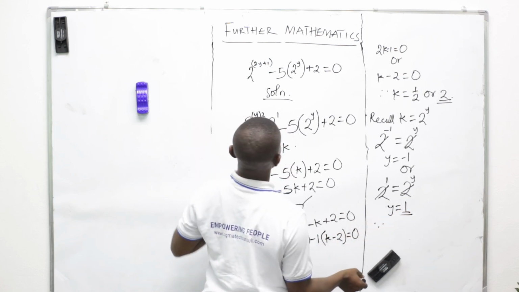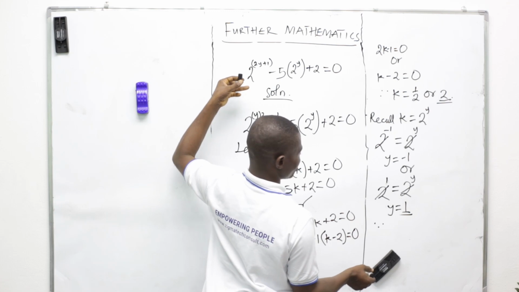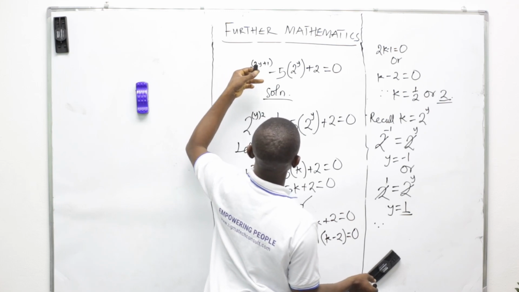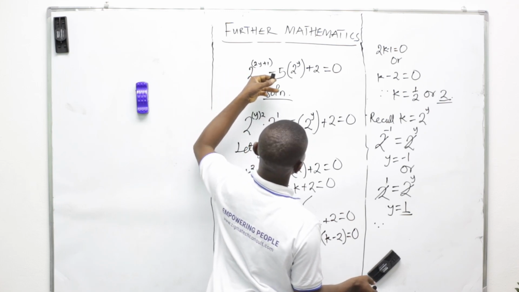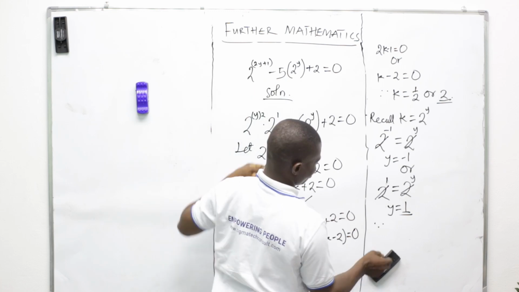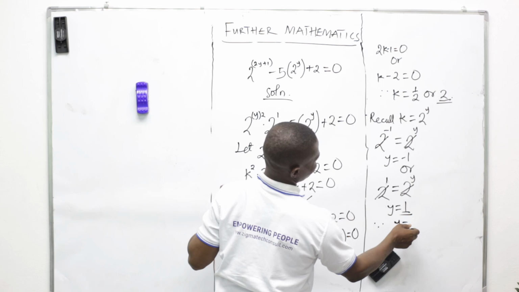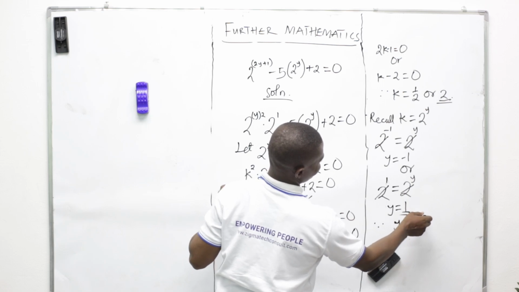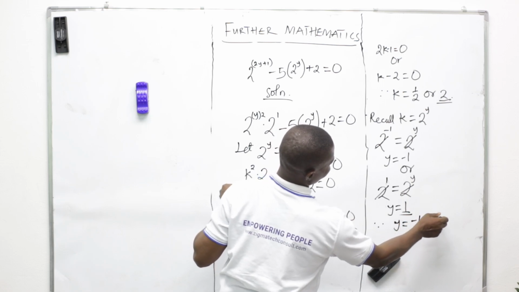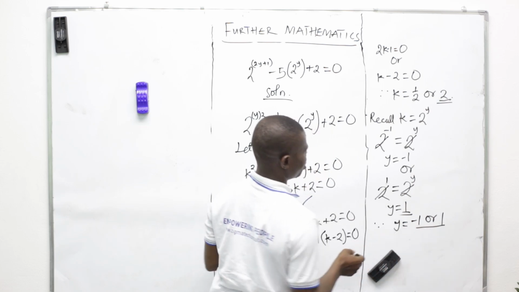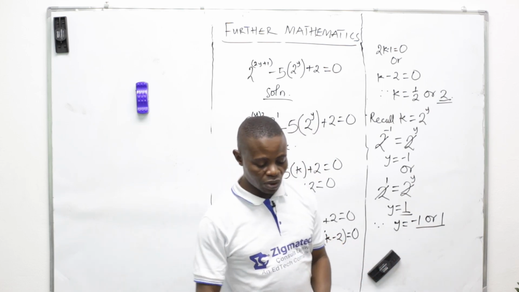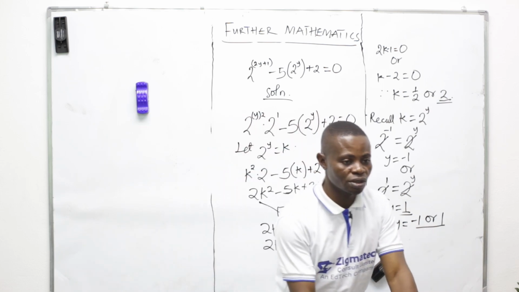Therefore, the equation 2 raised to the power 2y plus 1 minus 5 into 2 raised to the power y plus 2 gives us y equals minus 1 or plus 1. That becomes the solution to that question.